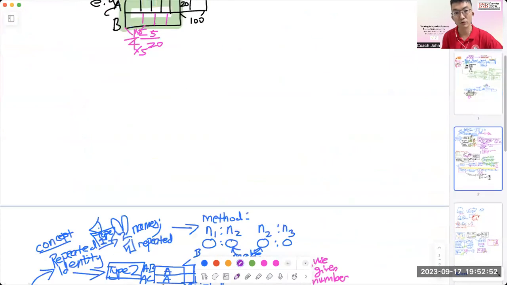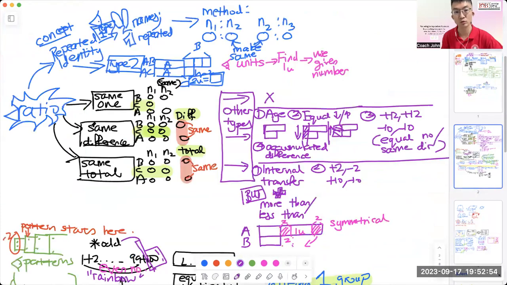Maybe I can give you another example, like ratio, and you will find out that same difference, same total, repeated identities kind of questions are quite common in PSLE as well. And I show you how to learn them, how to memorize them, how to apply them, and how to solve them with flow and ease.